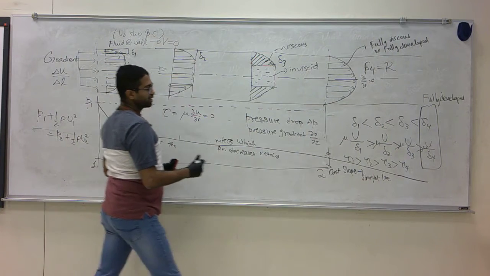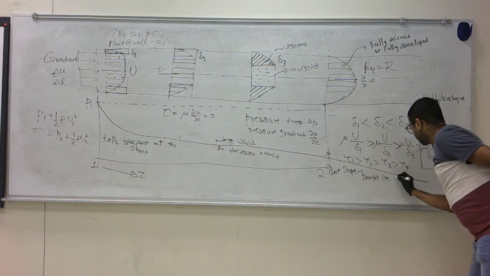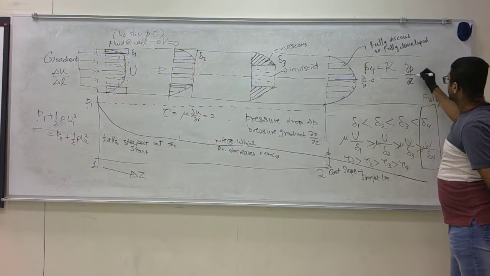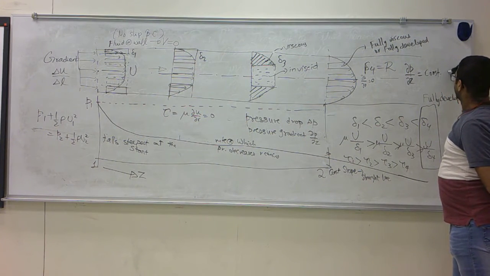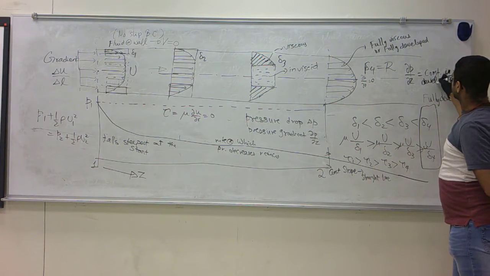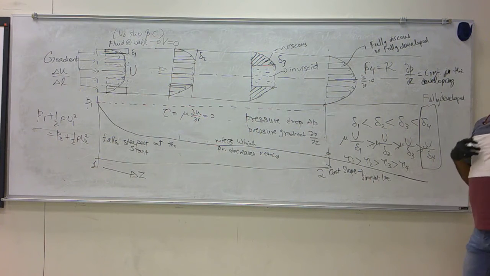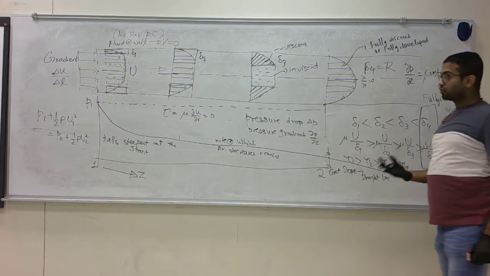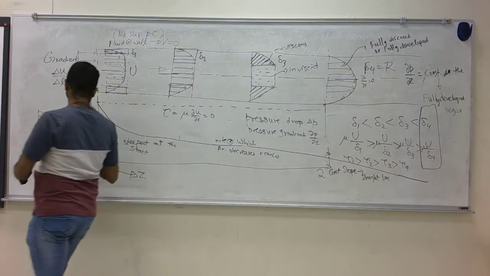So this pressure gradient dP over dZ is a constant in the fully developed region. You can identify the fully developed region by two mathematical conditions.